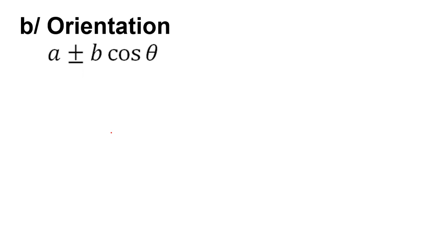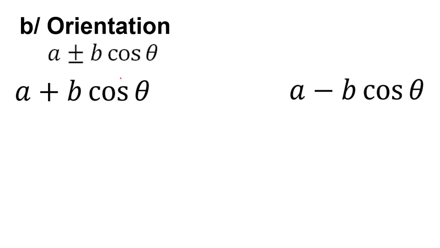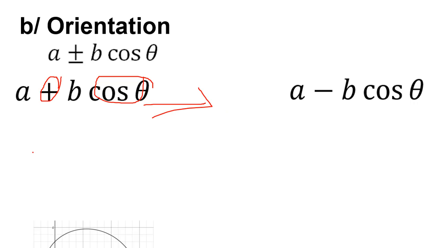So next, let's look at a plus minus b cosine theta. There are two situations: a plus b cosine theta and a minus b cosine theta. For a plus b cosine theta, because cosine theta is x-axis symmetry, it must be a straight line, and because of this positive sign, it must go to that side.